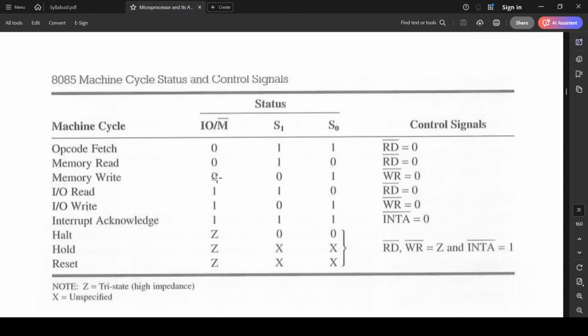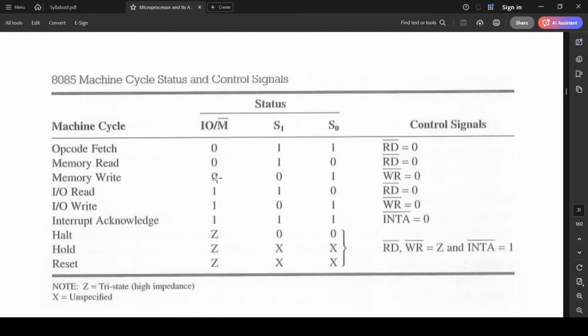Memory read: 0, 1, 0, RD is 0, I think. I will check after this. Then what is the next? Memory write. So the second one was memory read. Memory write is 0, 0, 1, WR is equal to 0.